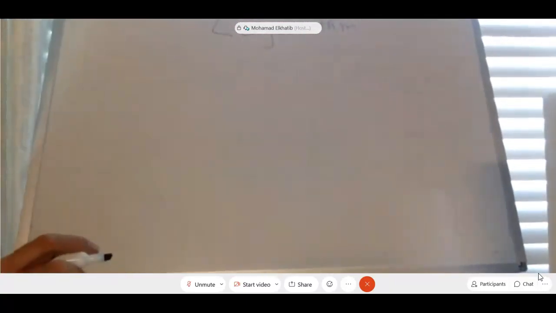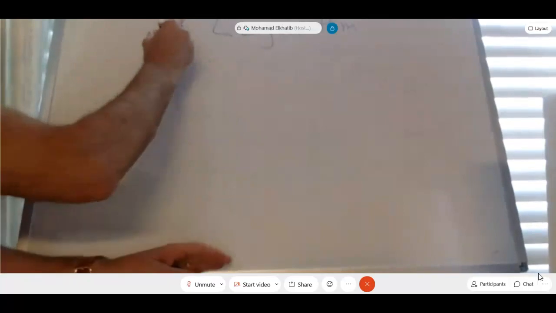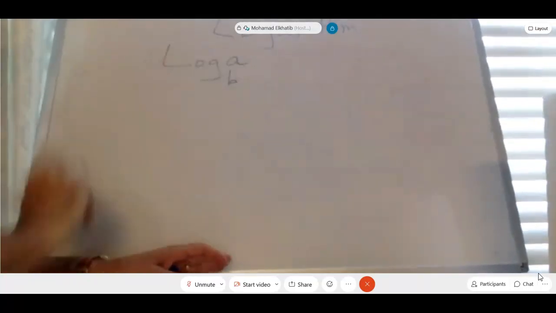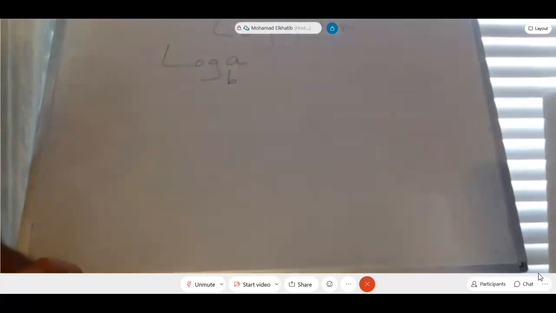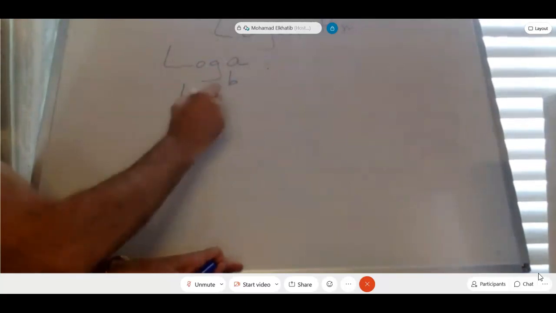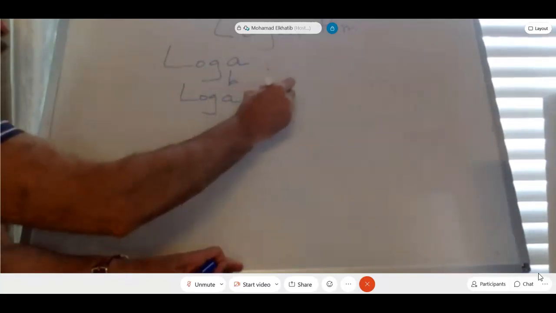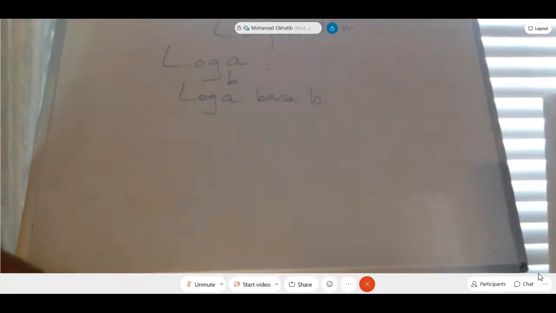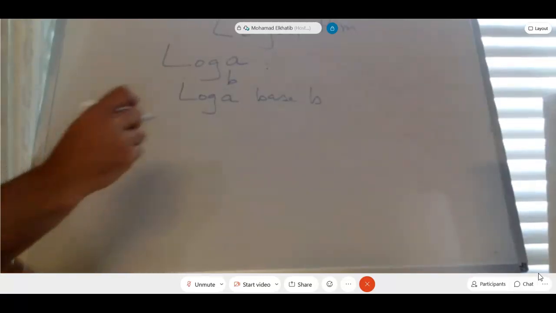The symbol of a logarithm is log, and you see two numbers, A and B. The way you read this is log A base B. B is the subscript. What does it mean by log A base B?